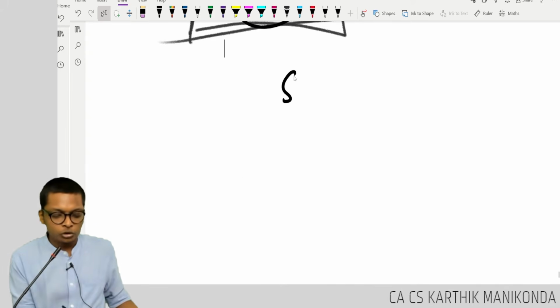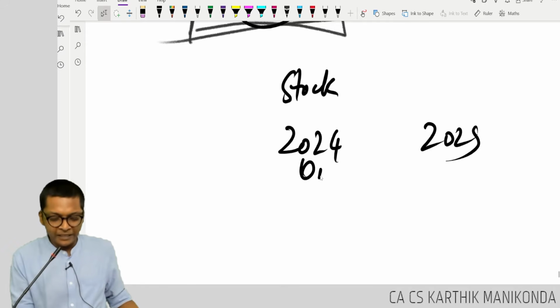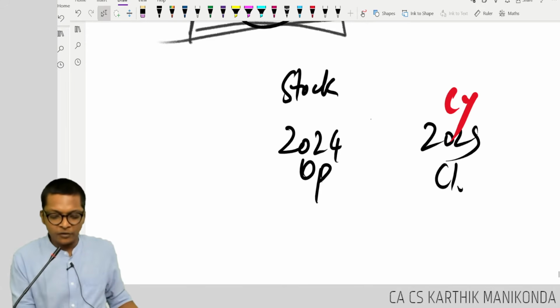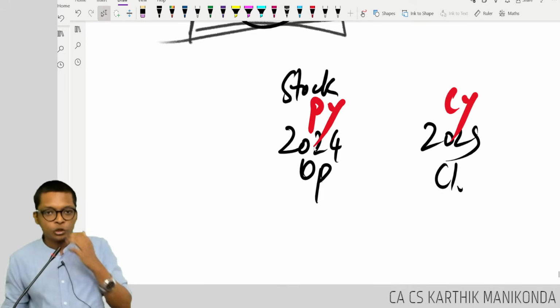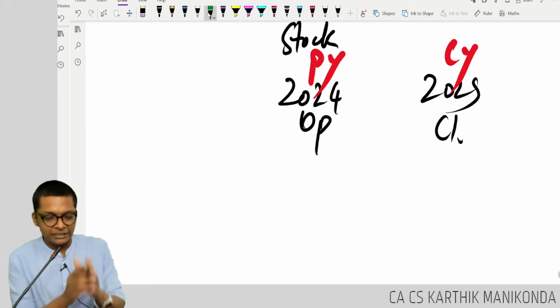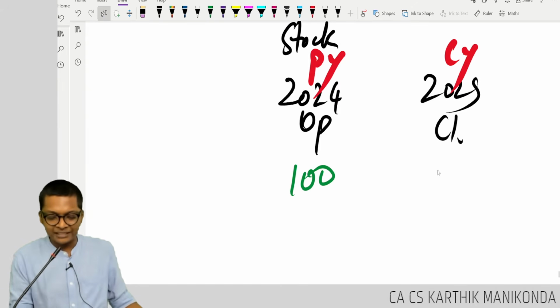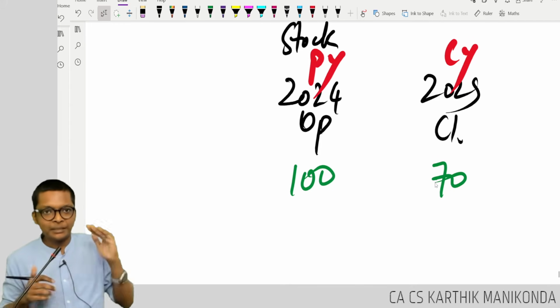Simple. Stock. 2024, 2025. Opening balance, closing balance. My current year, previous year is what, guys? 2024. My stock, closing stock in the balance sheet last year was 100. Now it is 70. What is the meaning of this?